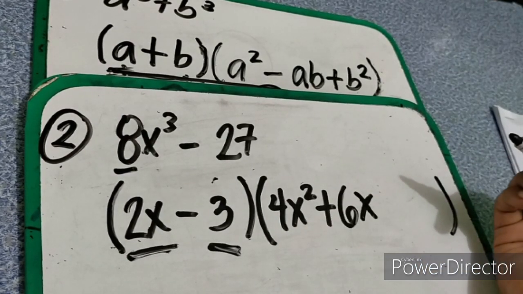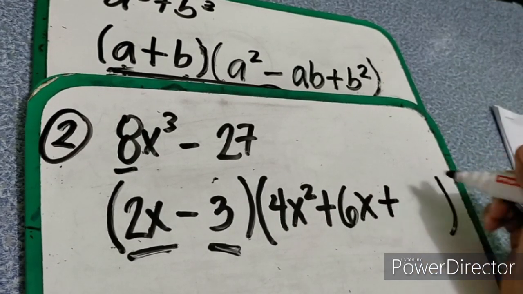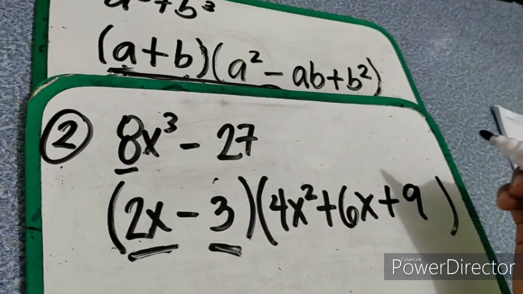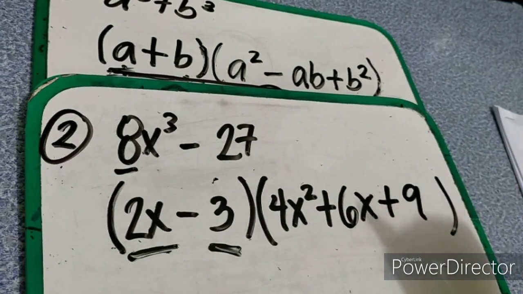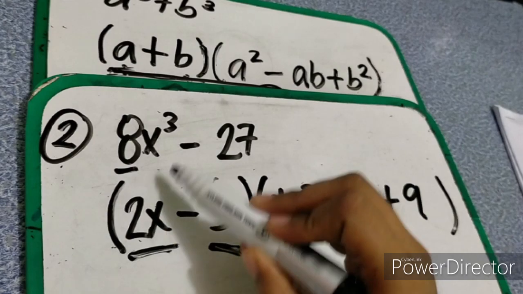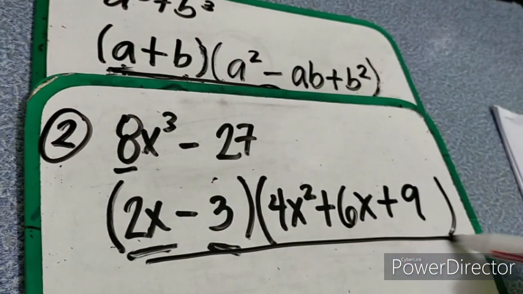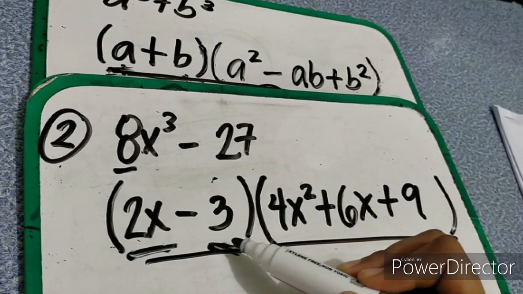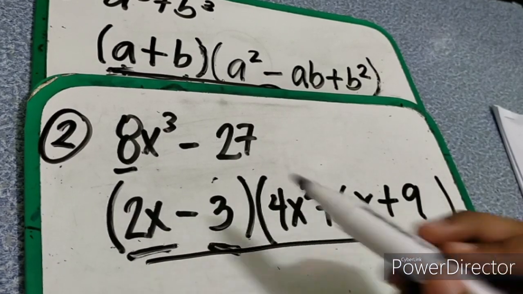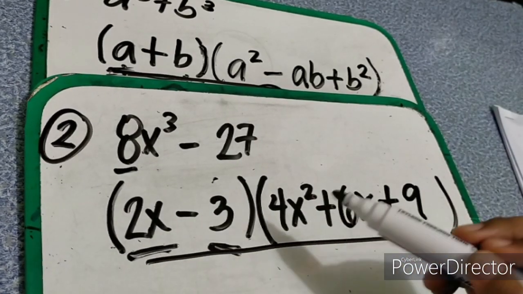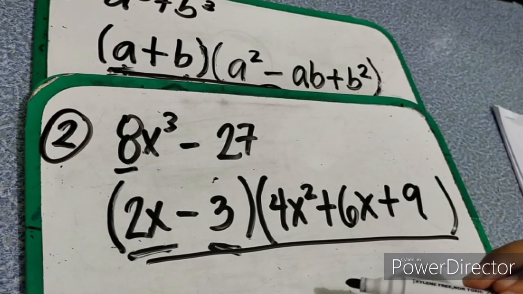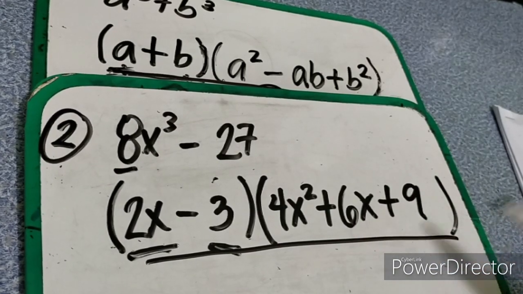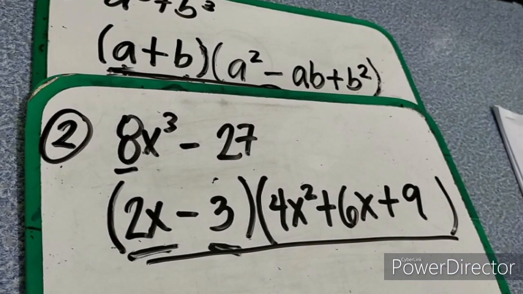It is 9 because of 3 times 3, positive 9. So, the binomial factor and trinomial factor of 8x cubed minus 27 is 2x minus 3, close and open parentheses, 2x minus 3 multiplied by 4x squared plus 6x plus 9.